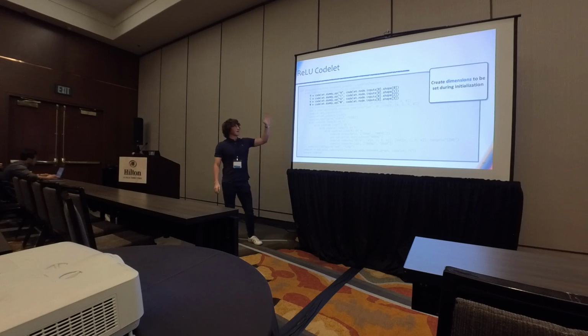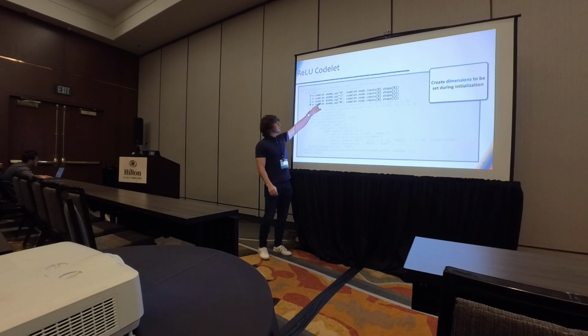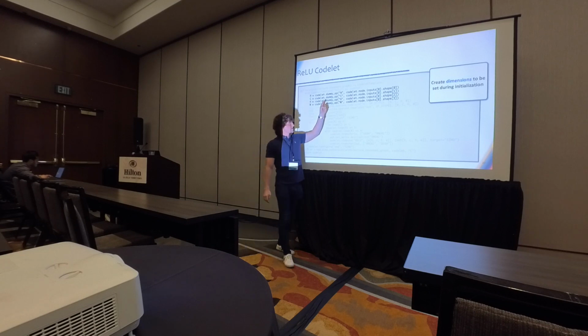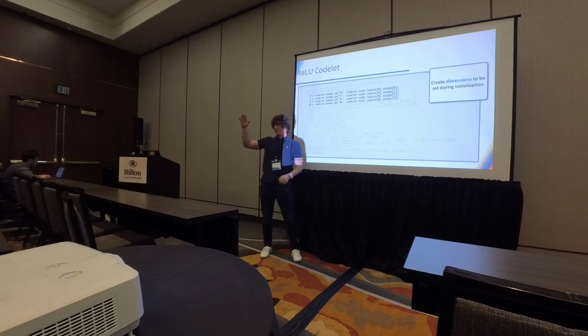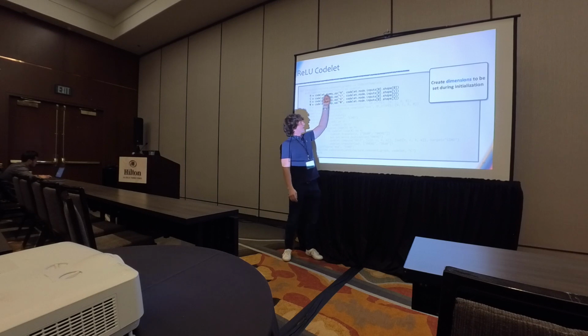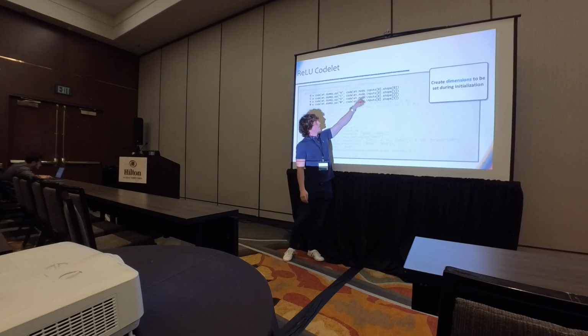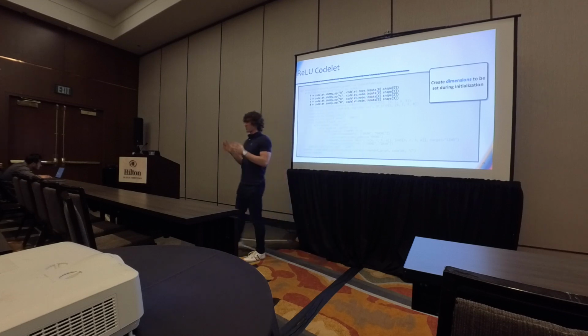For a ReLU that is dealing with an image, we have 4 possible dimensions, N, C, H and W, and we'll define these dimensions and associate them with different indices of the shape from our high-level representation. For example, we would map N, the batch size, to the first dimension of the first input, which is the data.